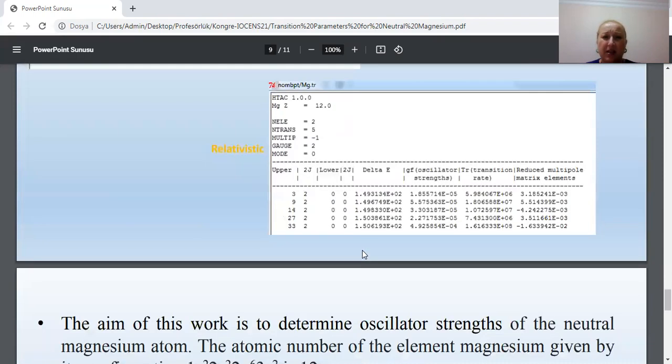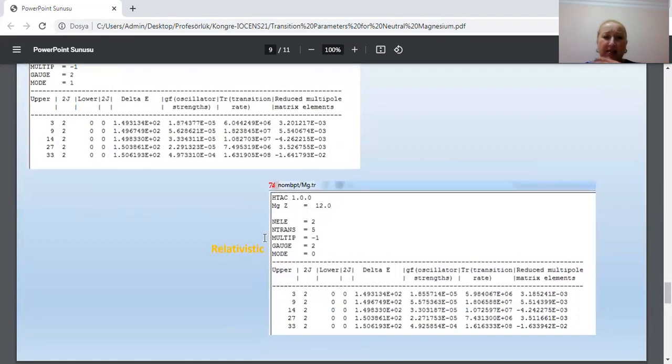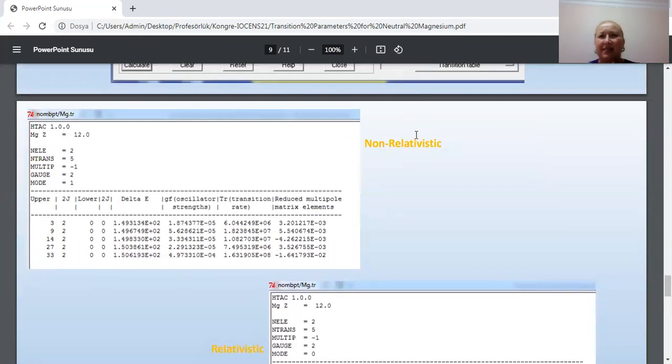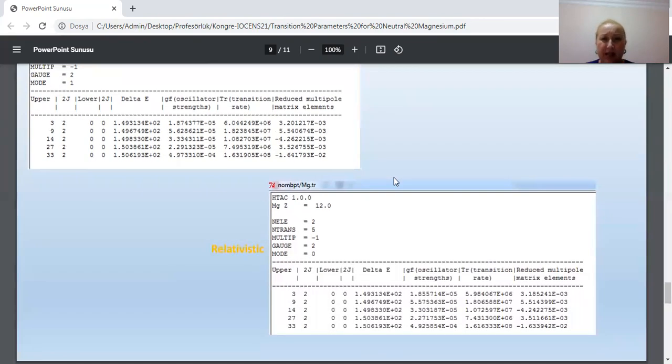Sometimes we use non-relativistic calculations to find the result easily, but for the real one we have to do the relativistic calculations.